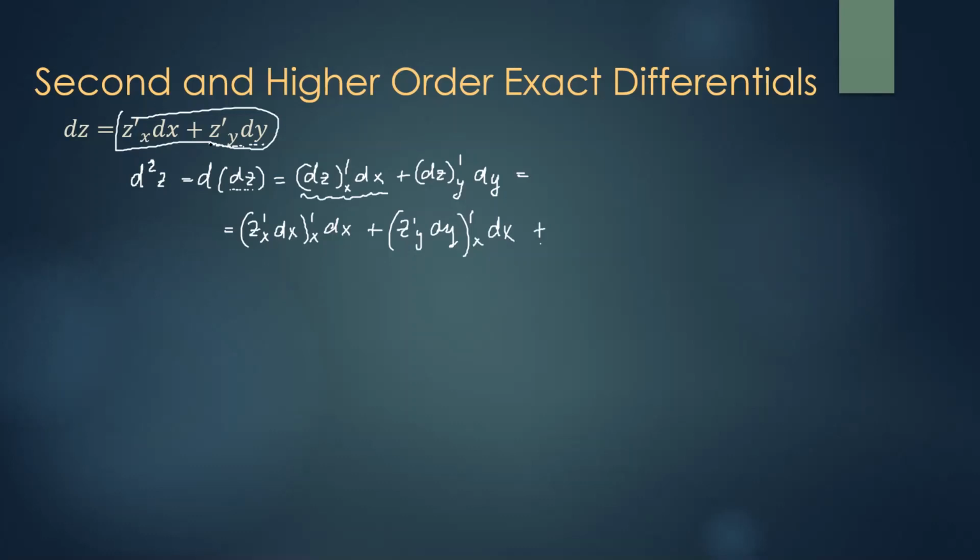Again, I take the same thing and now I differentiate by y. I take z derivative by x dx, differentiate by y, multiply by dy, plus z derivative by y dy, differentiate by y dy.